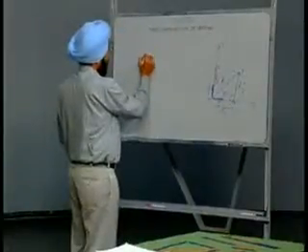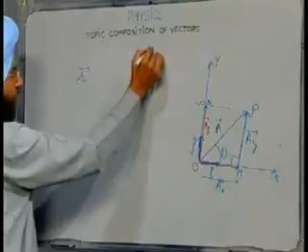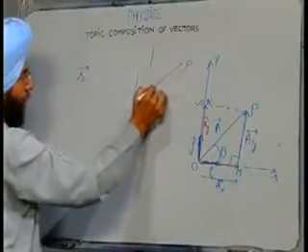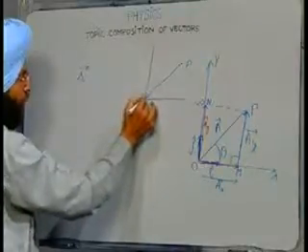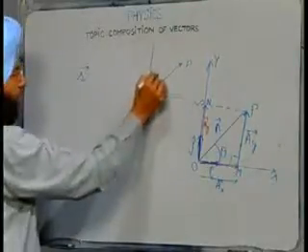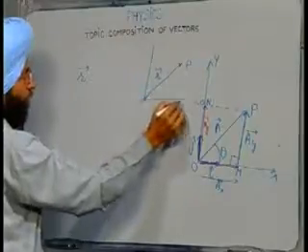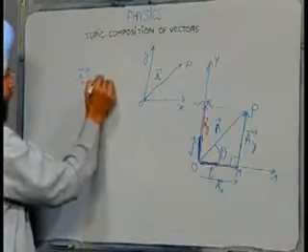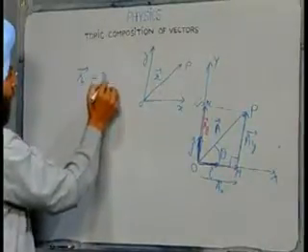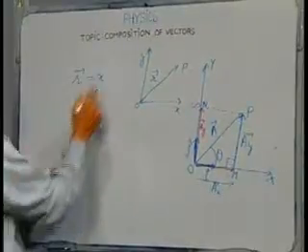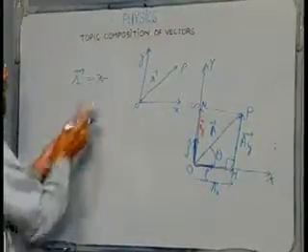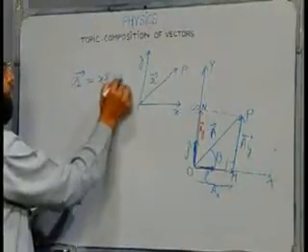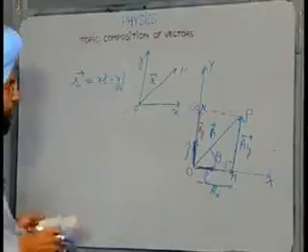If we have a position vector of a point, P is the point. If we draw a vector from origin to this point, this is position vector R. Then we can write R is equal to X component of R is X i unit vector plus Y j unit vector.